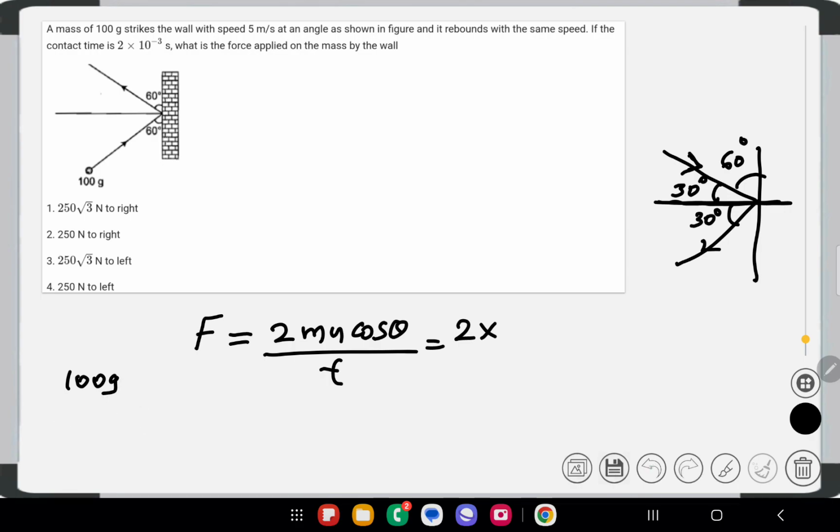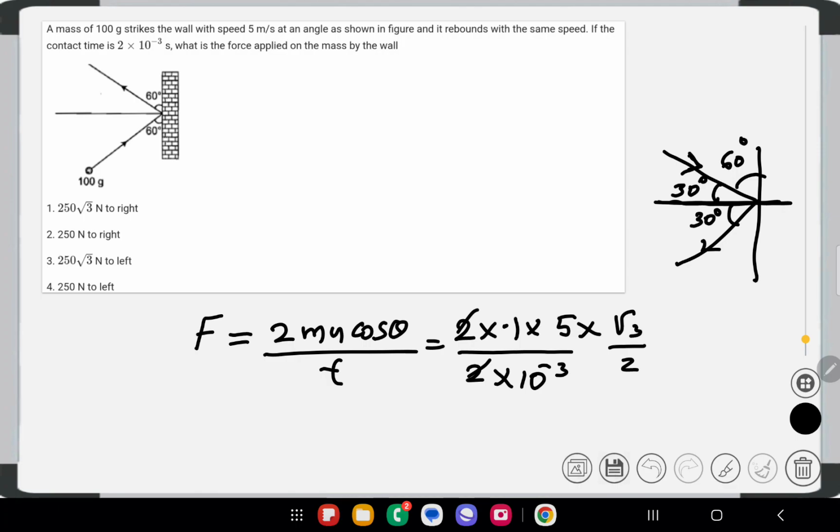So I write here 0.1 into velocity 5 into cos theta, cos 30, since 30 degree is the required angle. Cos 30 is root 3 by 2, divided by total time 2 into 10 raised to minus 3. Cutting 2 and 2, 10 raised to minus 3 goes up. So you get 0.5 by 2 root 3 into 10 raised to 3. Solving, you get 250 root 3.